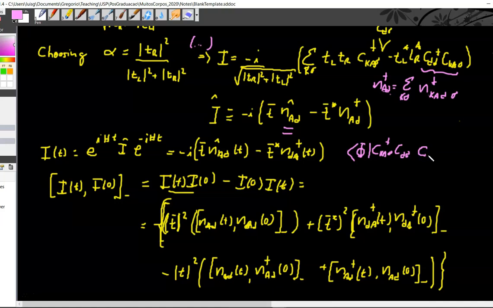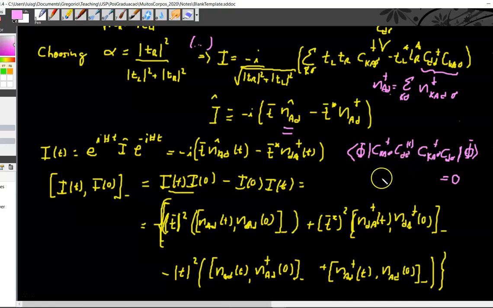And then I have the other one, c k a sigma, c d sigma. So this has to be 0, right? Even if I have a different time here.